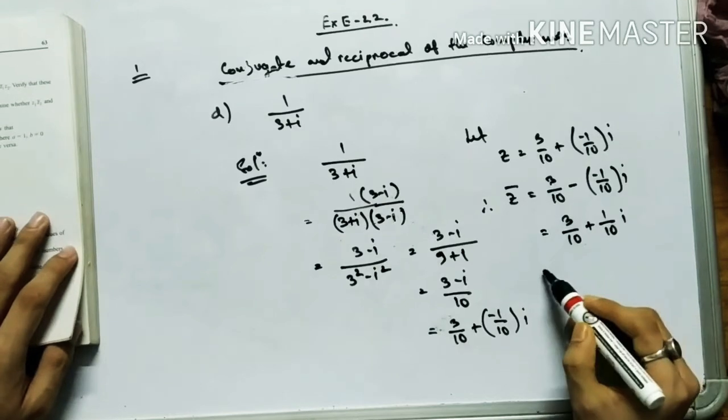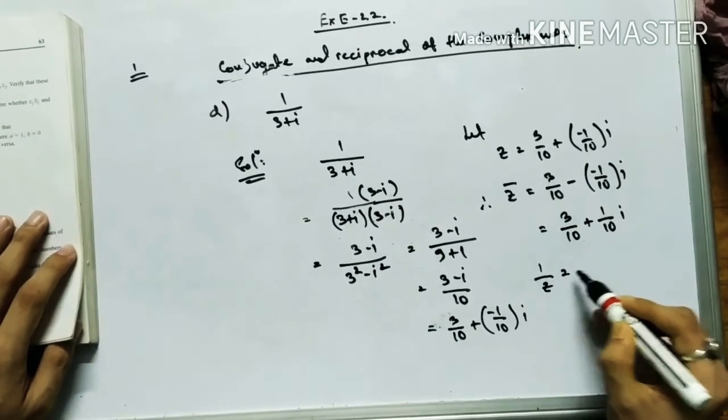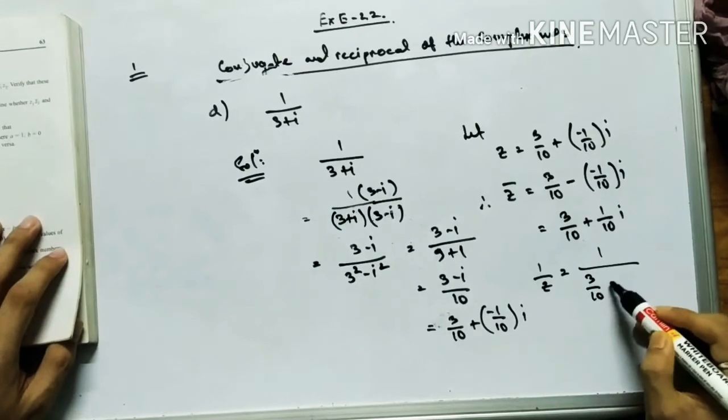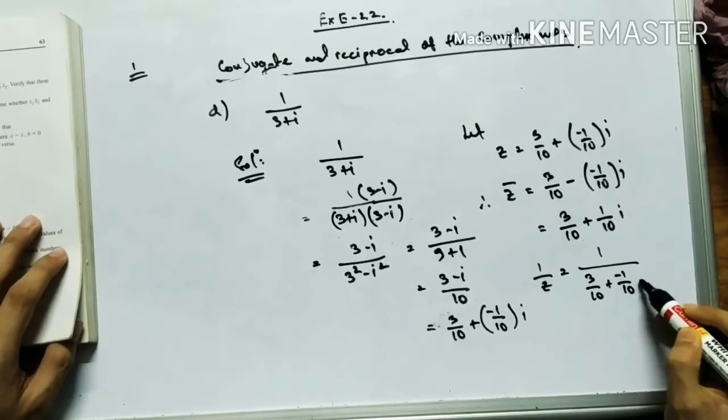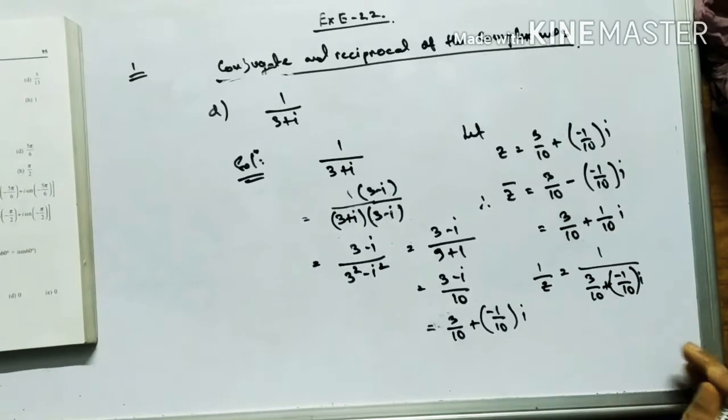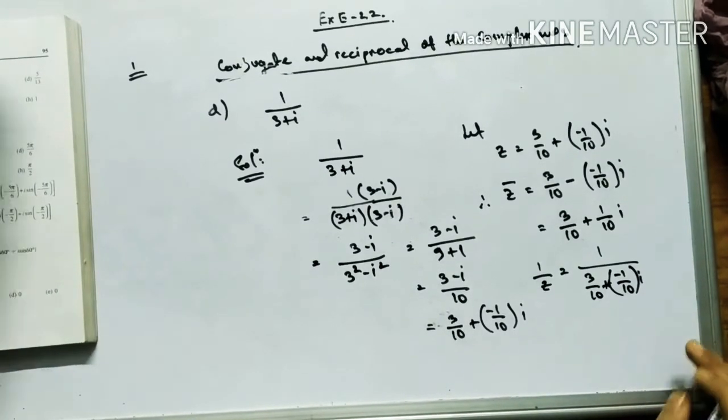And the reciprocal of z, 1 by z, will be 1 by 3 by 10 plus minus 1 by 10 I.